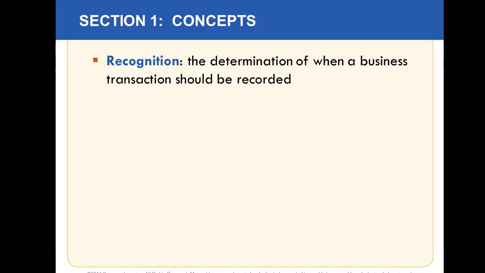Okay, recognition. Now, you're going to see a lot of these concepts we keep talking about over and over again, because the whole purpose of accounting is recognition, valuation, and recording, but they all relate to different types of accounts. Recognition: when do we record a transaction? Generally, when it's incurred.